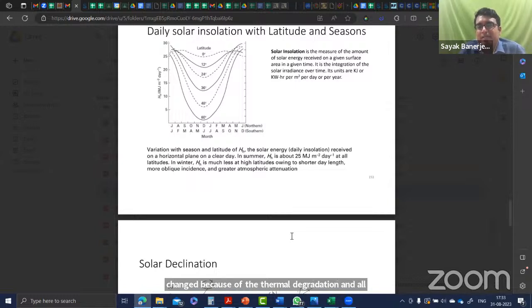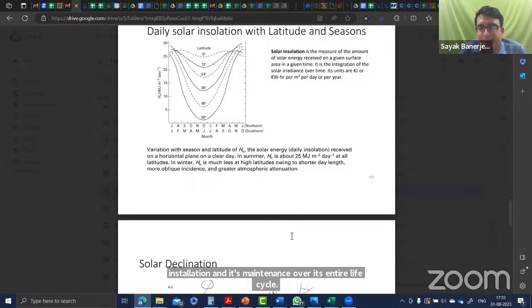So the levelized cost takes into account how much electricity you are getting over its entire life versus how much cost is incurred, including your installation and its maintenance over its entire life cycle. So then the levelized cost estimate is done.